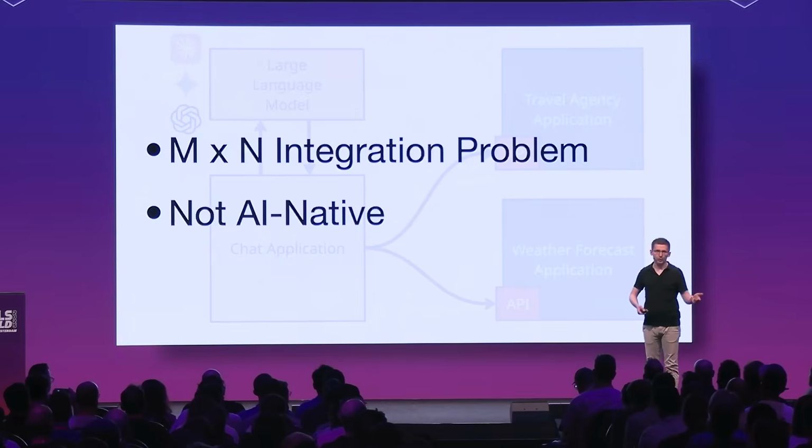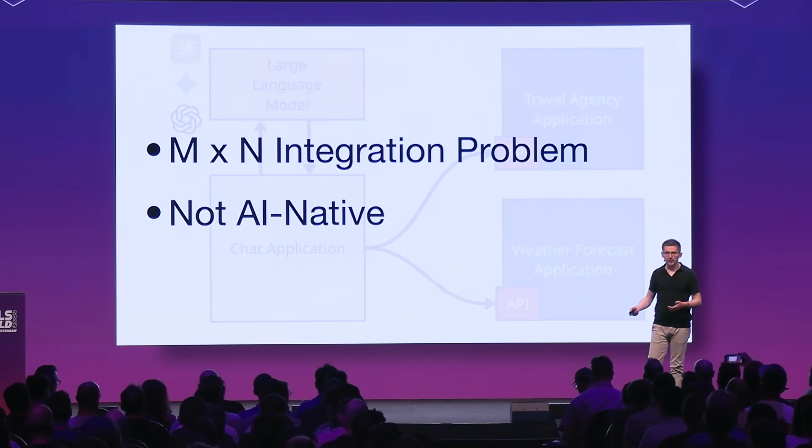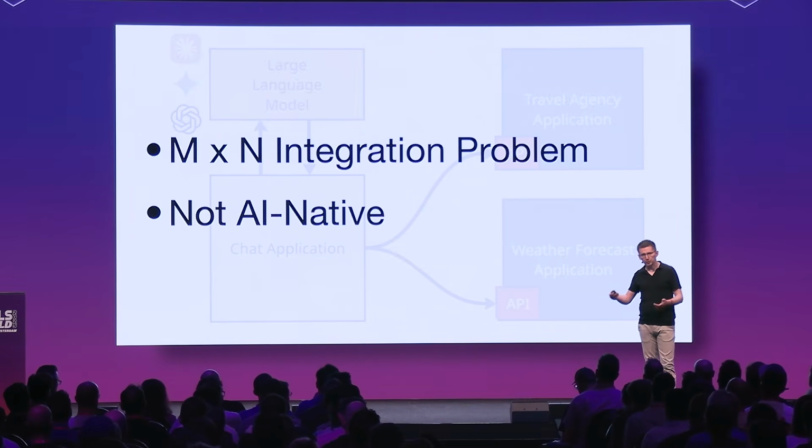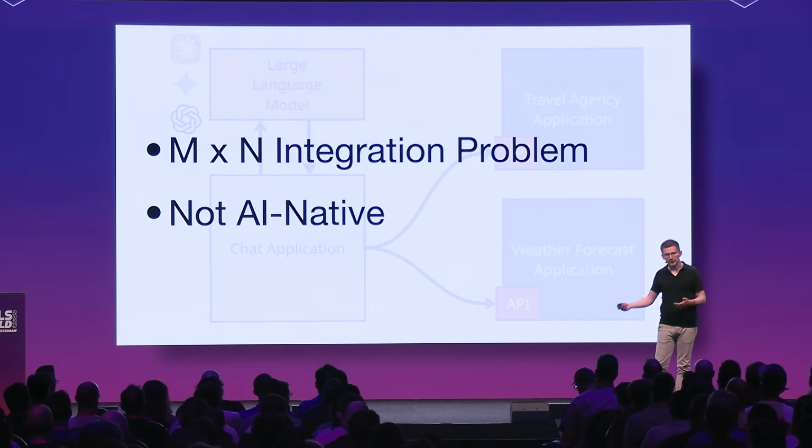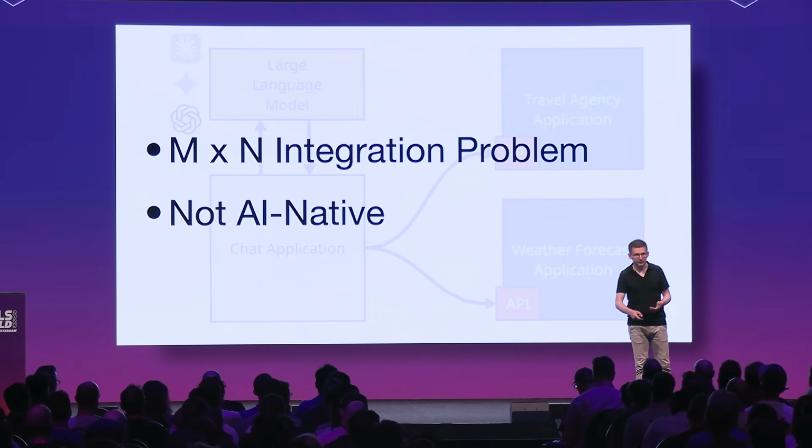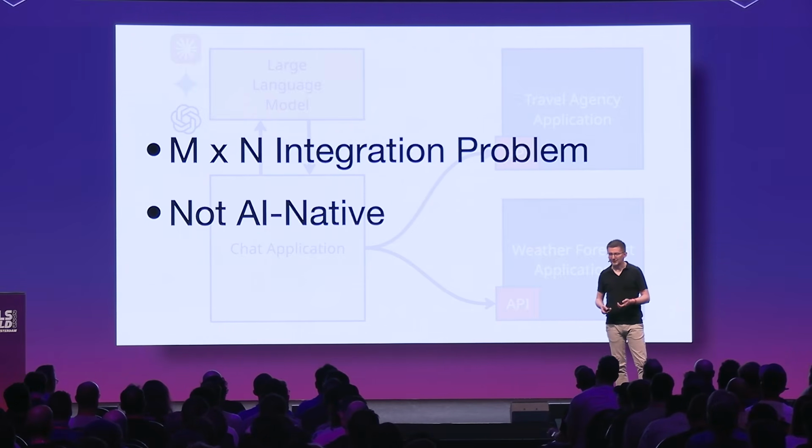However, when you do it on scale, when you do a lot of models and a lot of solutions, you quickly get to something called the M times N integration problem, where you have M models and N solutions. And whenever you want to add a model, you have to program it N times, and whenever you want to add a solution, you have to do it M times. It just adds up very quickly, and it just feels like a wrong tool for the job. Doesn't feel AI native, whatever it means.